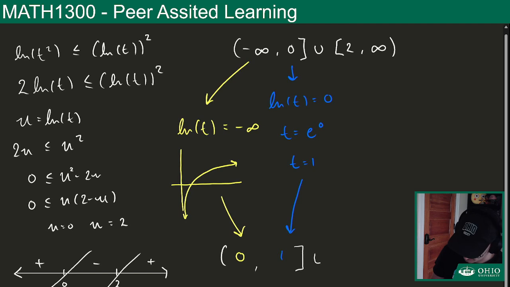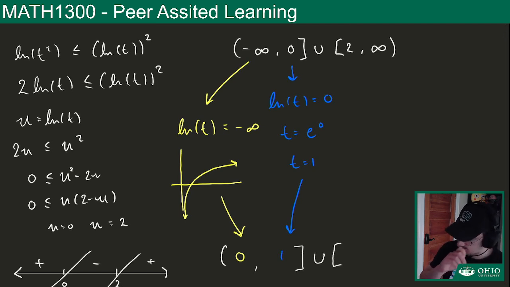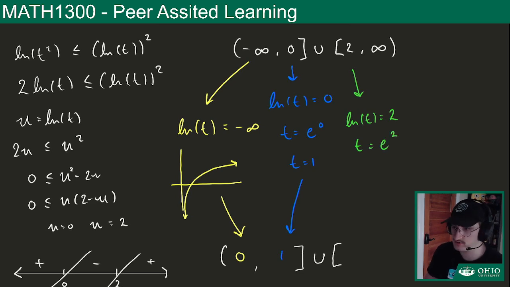Next we have the union, and we open up another interval. Now we're asking about, well, what if u equals 2? So I know my value of u is 2, so I can say the natural log of t equals 2. Take e to both sides. I say that t equals e squared. I can't really simplify this any further.